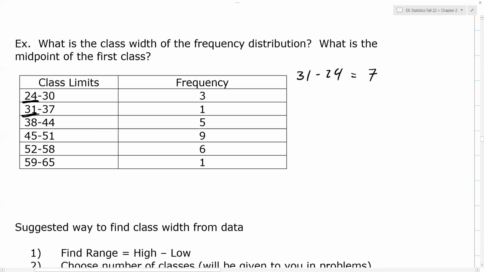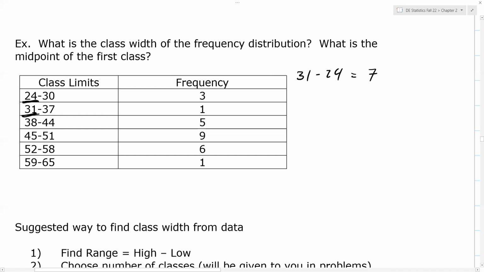So 24, 25, 26, 27, 28, 29, 30. If you counted with me, you'll be holding up 7 fingers. That means there are 7 different answers that get put into that bucket, and that's what our class width is telling us. Our class width says how many different answers get put into each of these buckets.